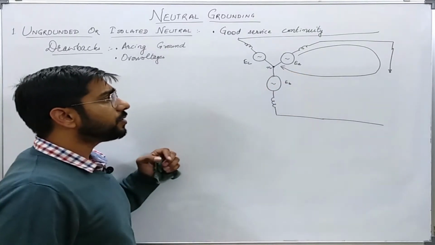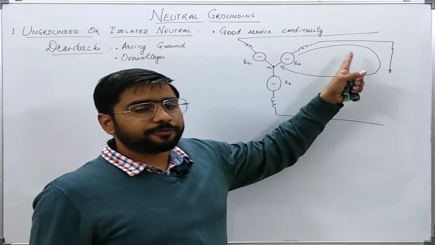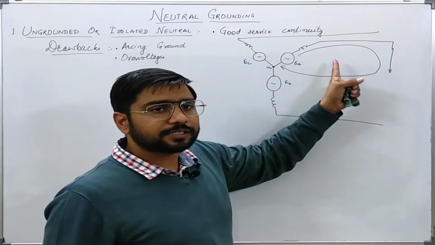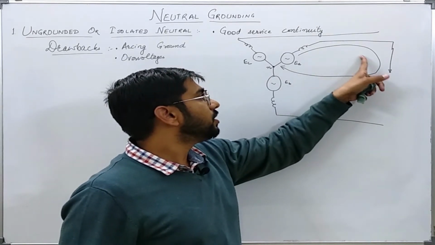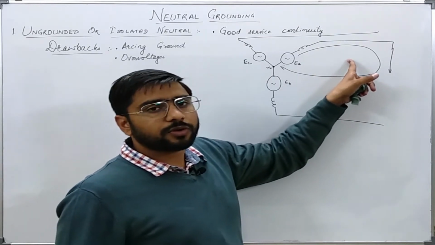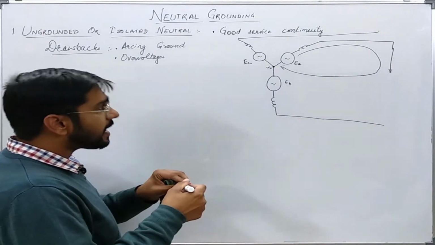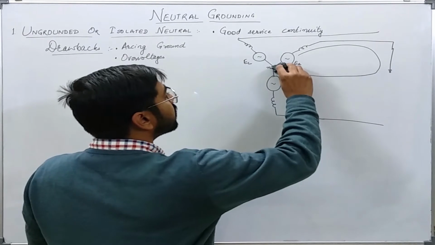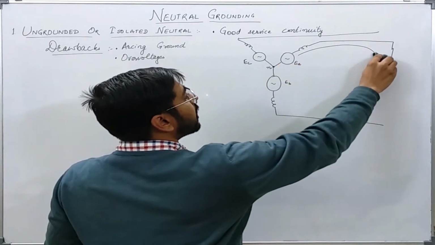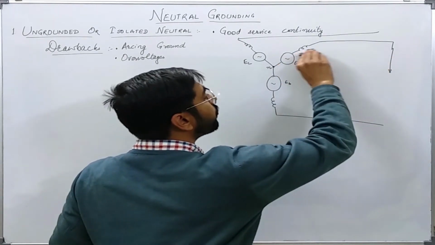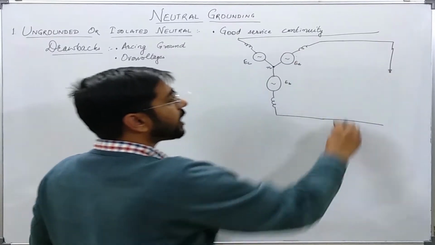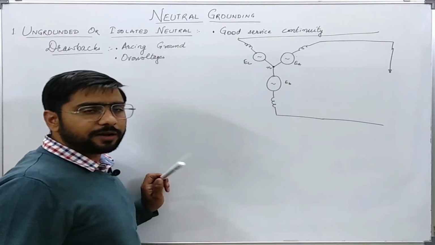Since there is no complete path existing in the system, there will be no current which will flow in the fault. So we can see that in an isolated system, for the first single line to ground fault, the fault current will be zero or very small.